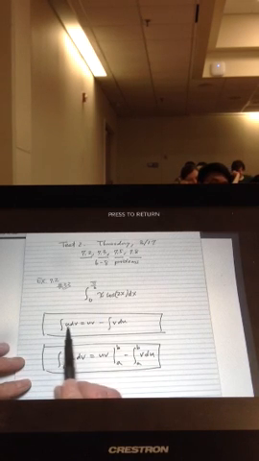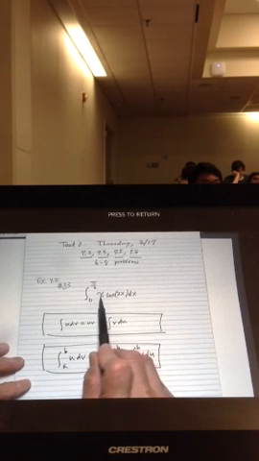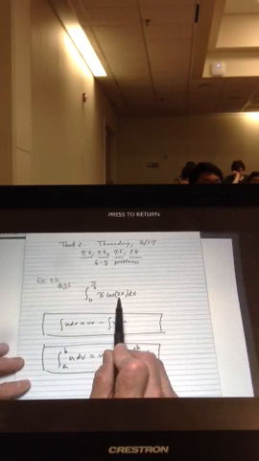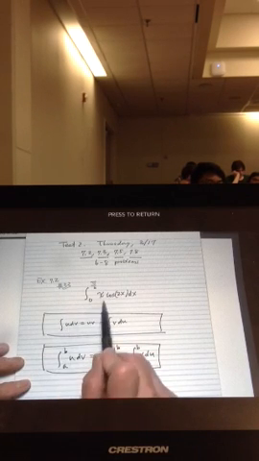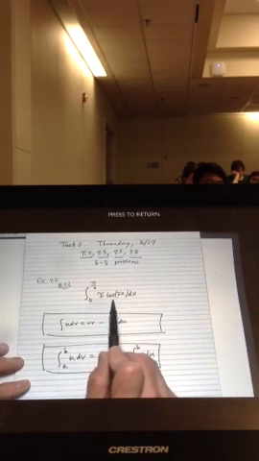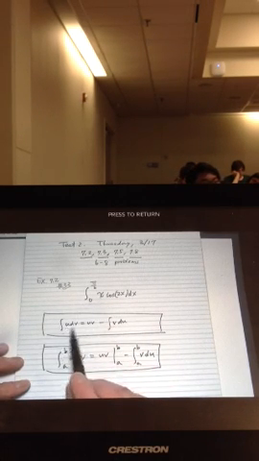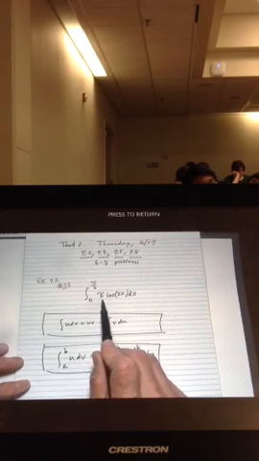We have to decide which one is which. But if I decide what u is, then dv is the rest. And there are only two choices for u. One is x, one is cosine 2x. So I'm going to choose u as x.